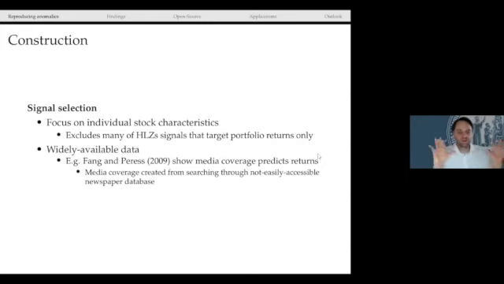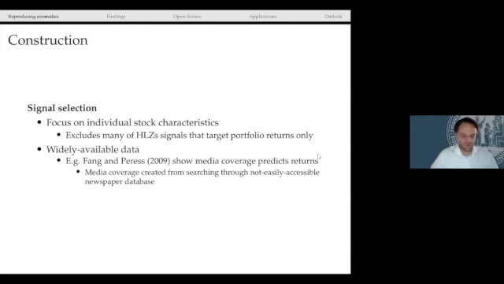So from the superset of anomalies, we impose two restrictions. For our analysis, we focus on individual stock characteristics. That means that we exclude many of the signals in the Harvey paper that target portfolio returns only. And then we have imposed the restriction that the data have to be widely available. For instance, there's one paper, Fang and Peress, that shows that media coverage predicts returns.